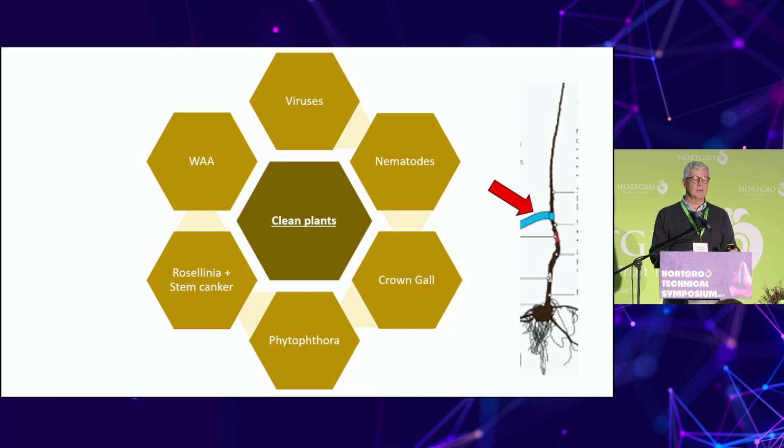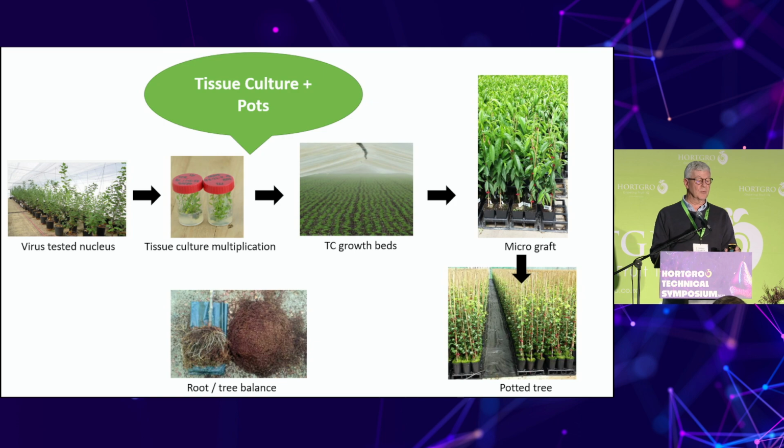So start clean. How you achieve it is up to you. There are different opportunities, such as tissue culture in pots. Looking purely from a phytosanitary perspective, it gives you the opportunity of ensuring that along the track until you get the tree, there's a low chance of contamination.